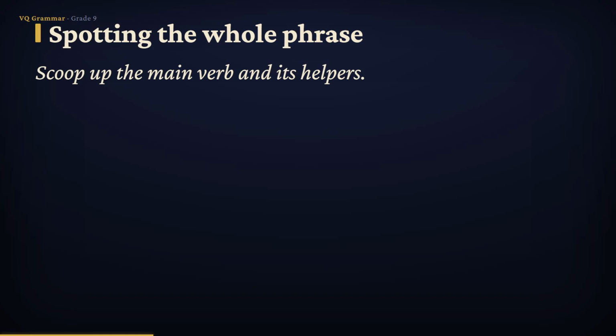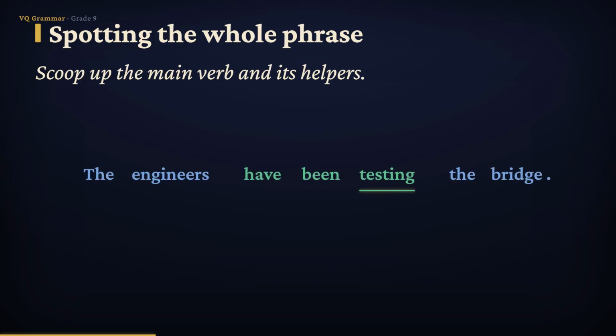Look at this sentence. The engineers have been testing the bridge. Where's the verb? Well, the main verb, the real action, is testing, but it isn't working alone. In front of it sit two auxiliaries, have and been.